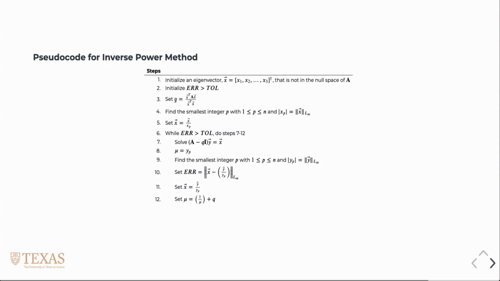We do have to have an initial guess for q, which we use this projection here as a good estimate. Other than that, it's essentially identical to the power method, just with everywhere you saw A before replaced with (A minus qI) inverse, which requires a linear solve at this step. You can do that with any method that we've discussed up to this point.